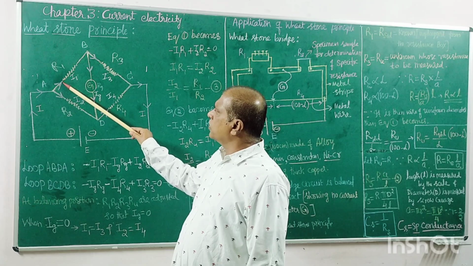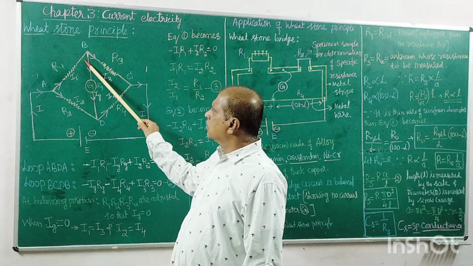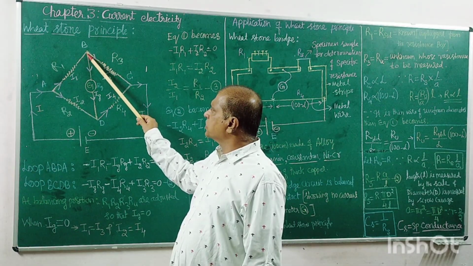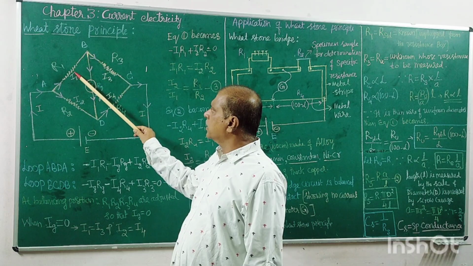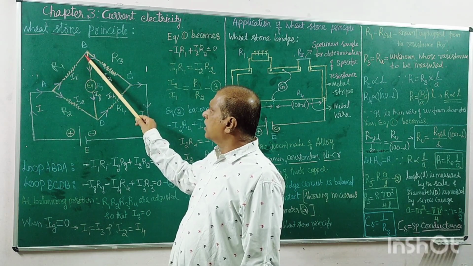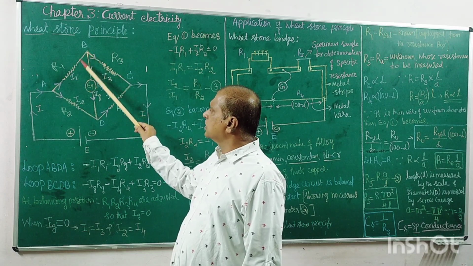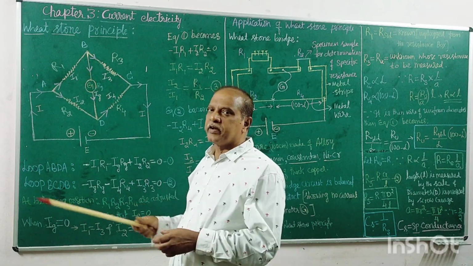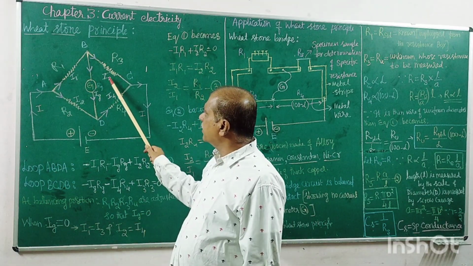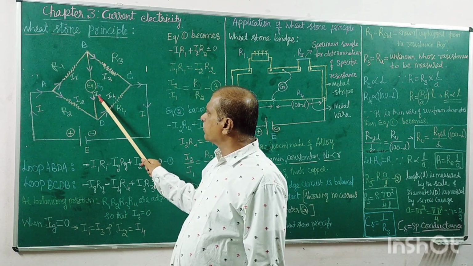When the current reaches this junction, it is arriving, and these 2 are leaving. So at this junction, the current is further divided into current I3 and current Ig.